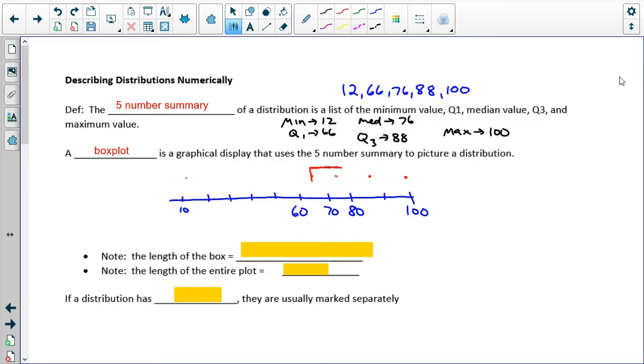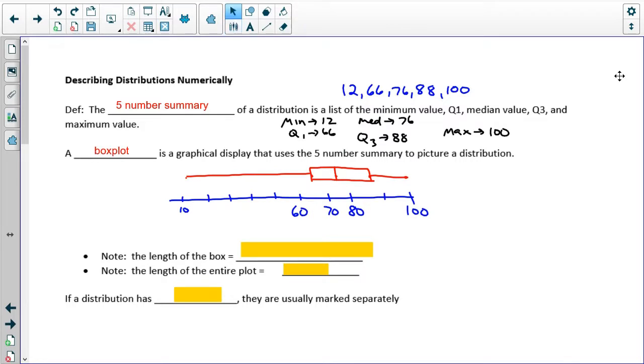I make a box extending from Q1 to Q3, and then I draw a line where 76 was because that's the median. And that's a box plot. So it's pretty straightforward.